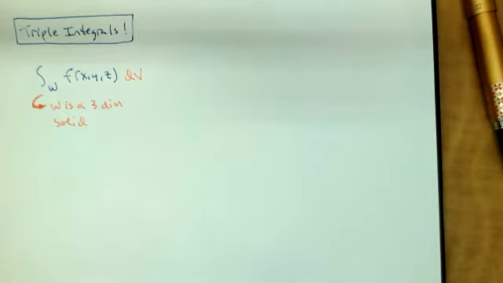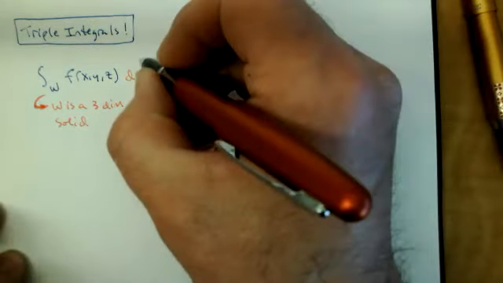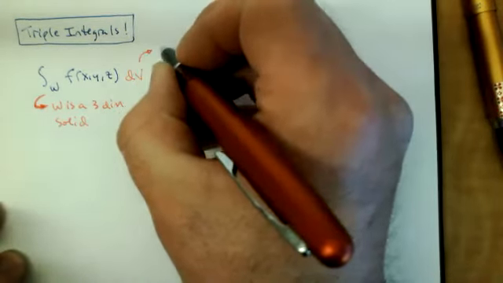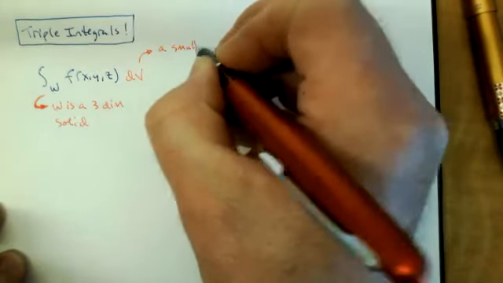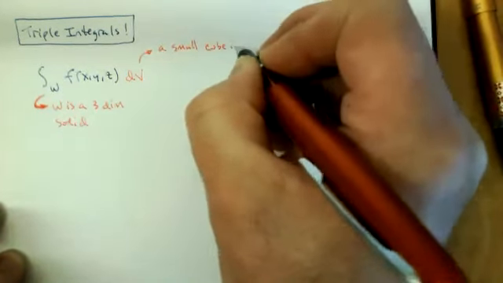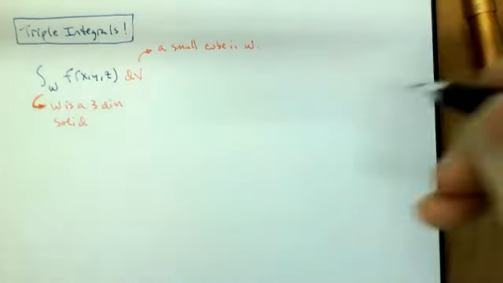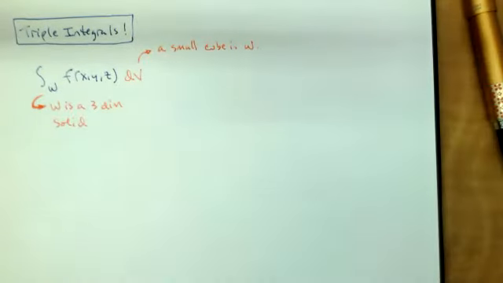So dV is some small cube piece of W, just like dA was some small square in R, just like dx is some small interval in the interval from A to B. Still the same thinking going backwards.